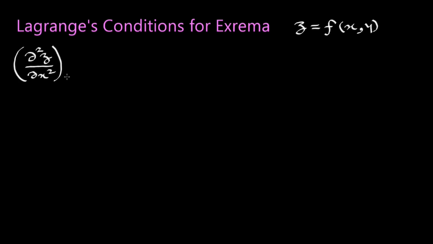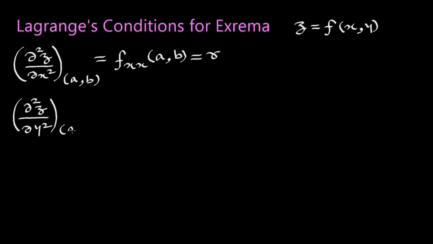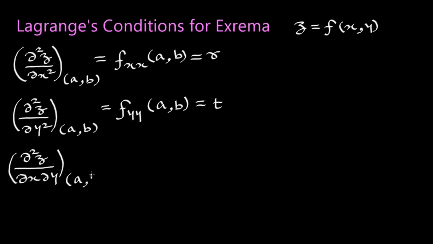Before that, let us denote for a function z equals f(x, y), a function of two independent variables, ∂²z/∂x² at point (a, b) to be f_xx at (a, b) by r, ∂²z/∂y² at (a, b) to be f_yy at (a, b) by t, and ∂²z/∂x∂y at (a, b) to be f_xy at (a, b) by s.